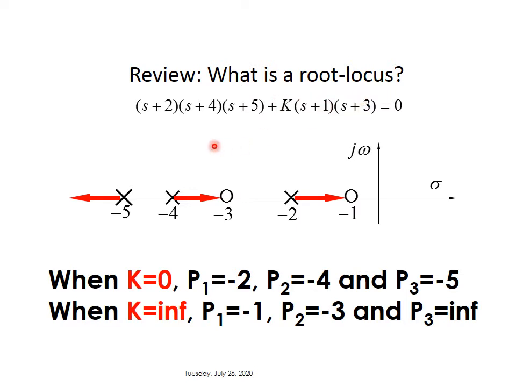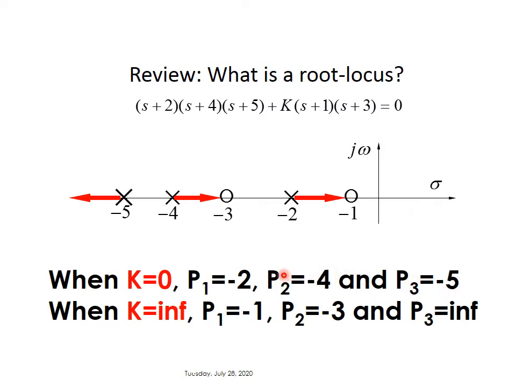So if k equals to 0, we'll have this term as 0, and the only terms left in our characteristic equation are these three terms, (s plus 2)(s plus 4)(s plus 5). Therefore, for our position of poles, there are three poles, right? One is at minus 2, another is at minus 4, and the third is at minus 5. So it's written here, P1 minus 2, P2 minus 4, and P3 minus 5.